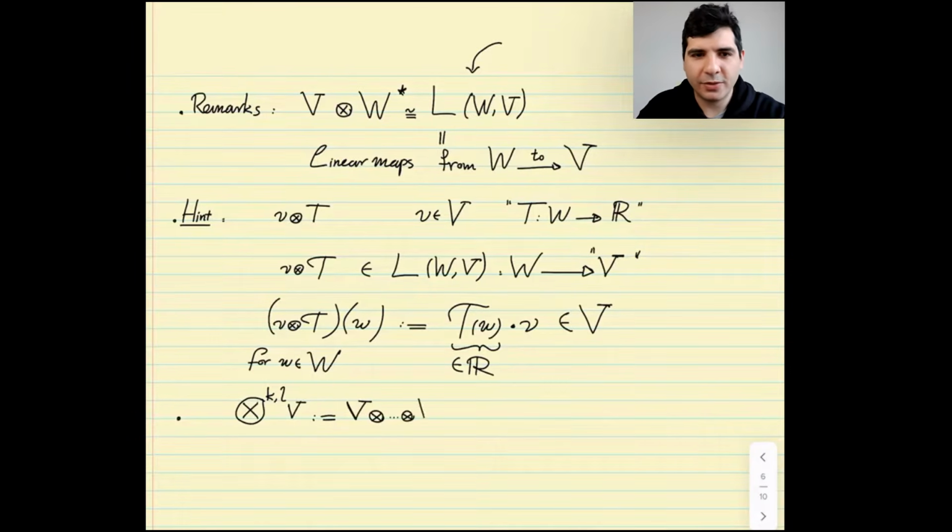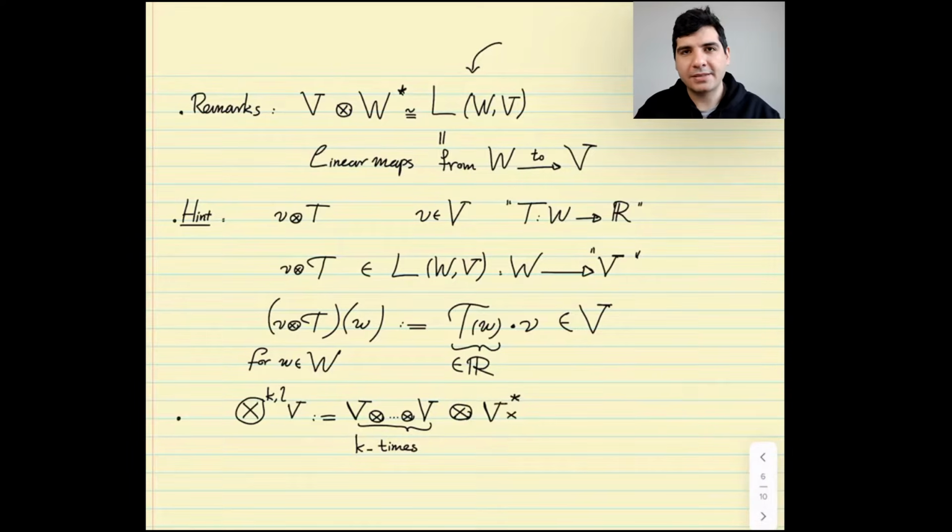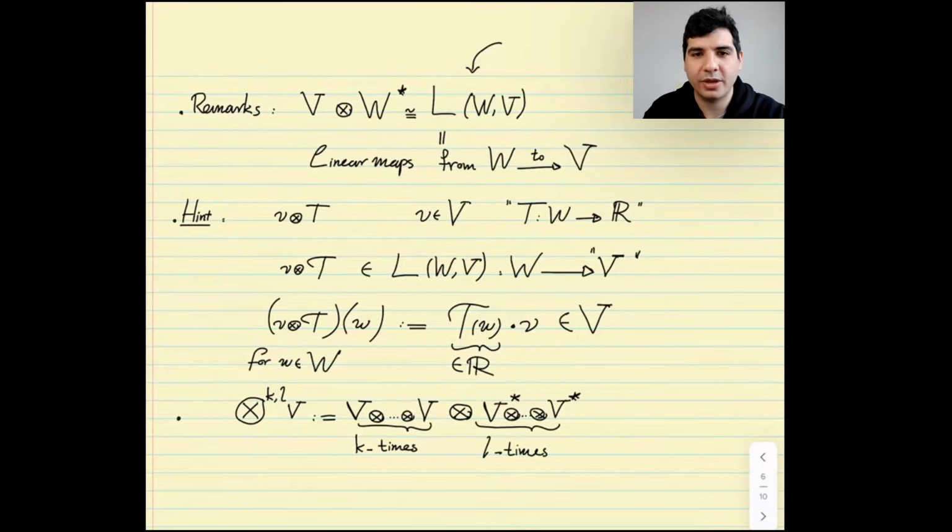Okay, just a few notations. So tensor (k, l) V, by that notation, I mean V tensor V tensor ... V, k times, tensor V star tensor V star tensor ... V star, l times. That's the notation we are using for the tensor product of the vector spaces and their duals. Another notation some people might use is tensor k V tensor l V star.